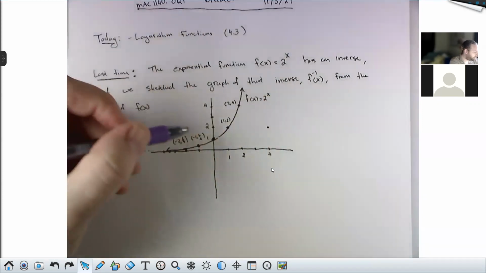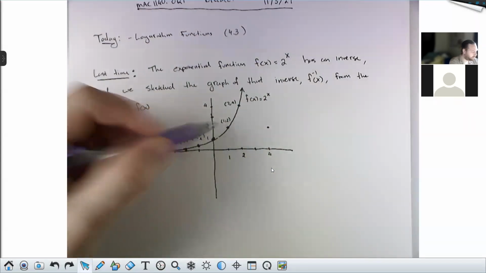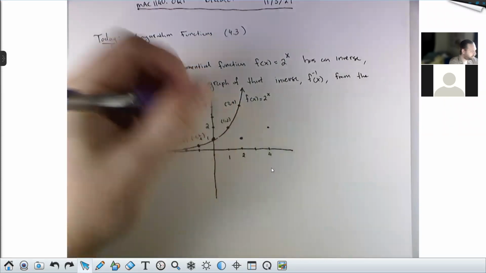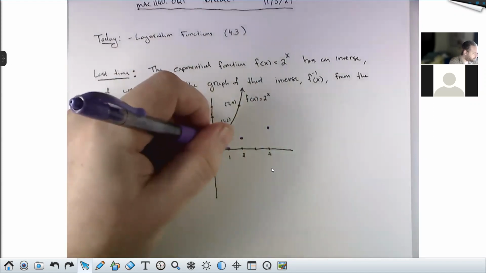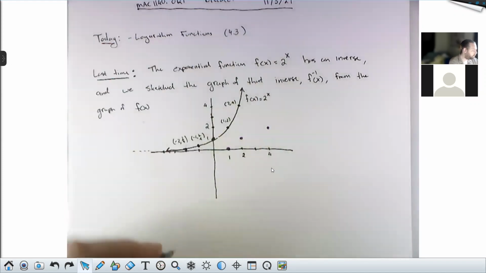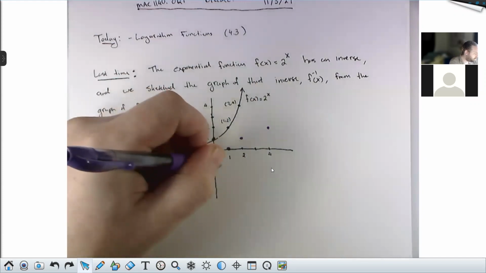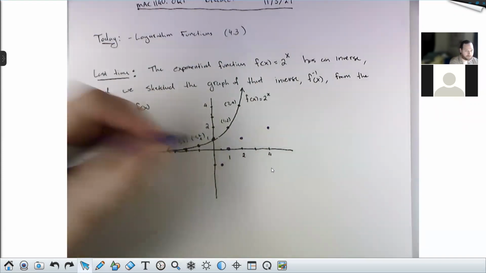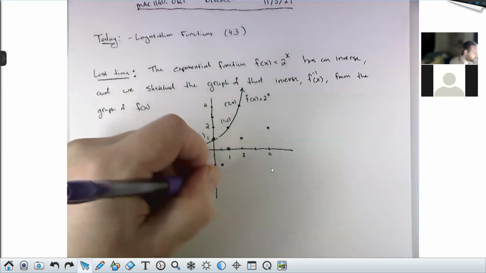You would have the point (2, 1), because I take this (1, 2) and exchange x and y. You would also have the point (1, 0), because (0, 1) is on the original. You would have the point (1/2, -1), because (-1, 1/2) is on the original, and you would also have the point (1/4, -2).